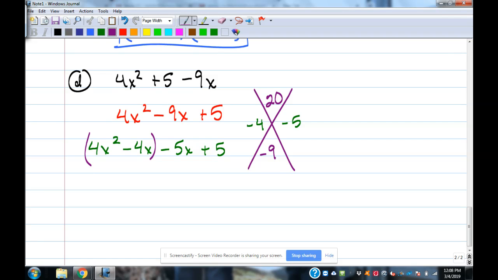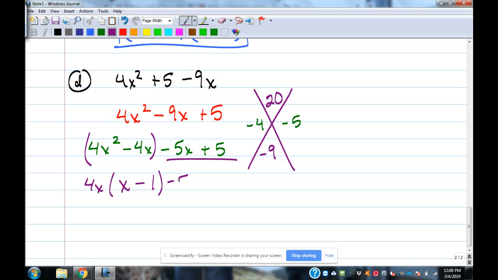A 4 and an x. So 4x. What's that leave in the parentheses? Negative x minus 1. Minus 1, because what times 4x gives me 4x? 1 does. And then the second half, what do they have in common? A negative 5. Remember, I'm going to use the sign that's in front of this, and then the GCF of those two is 5.